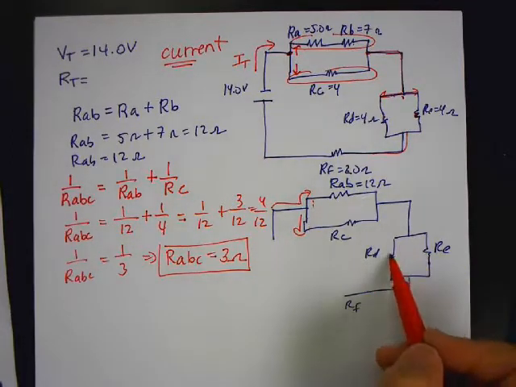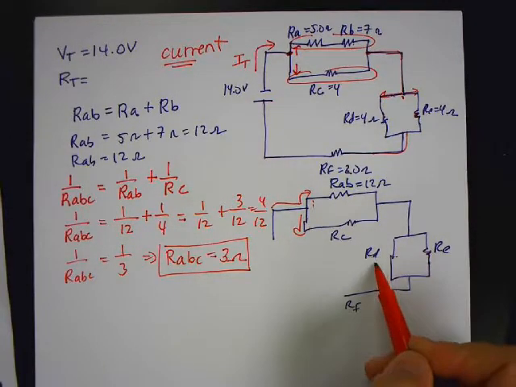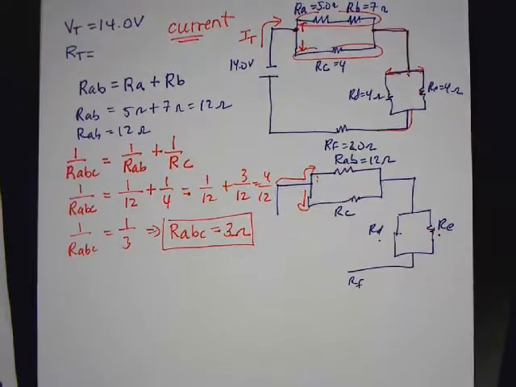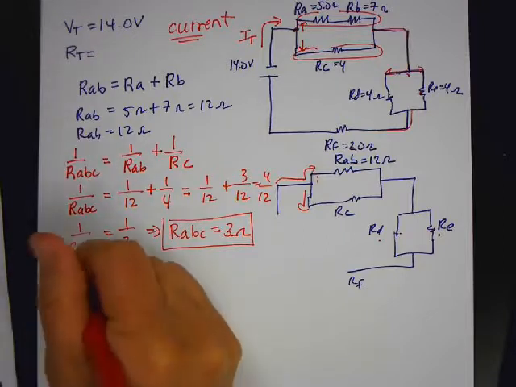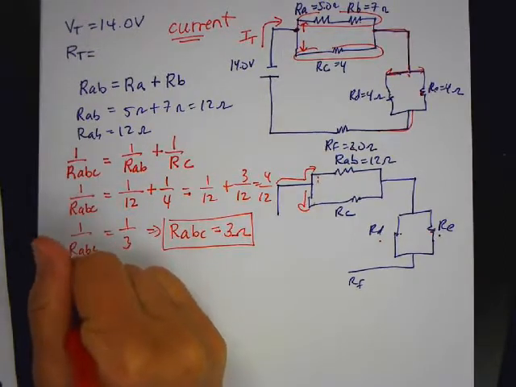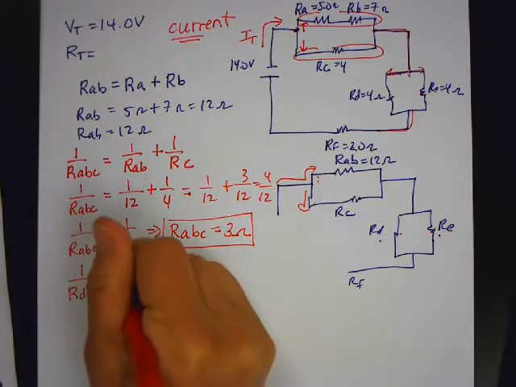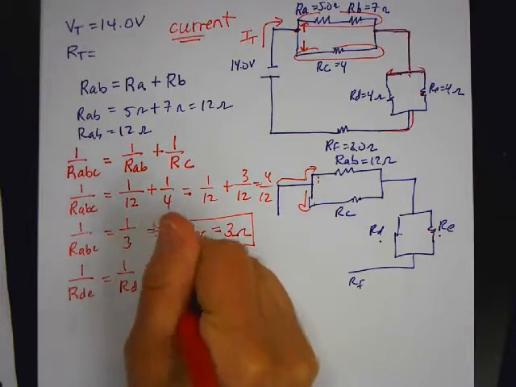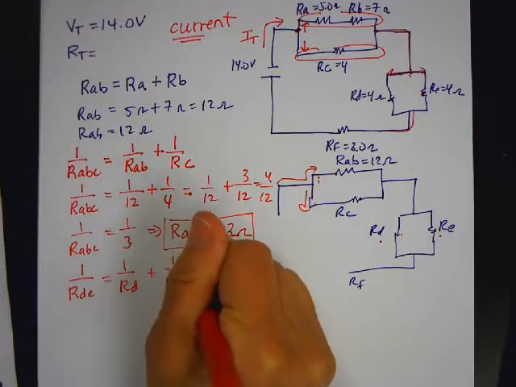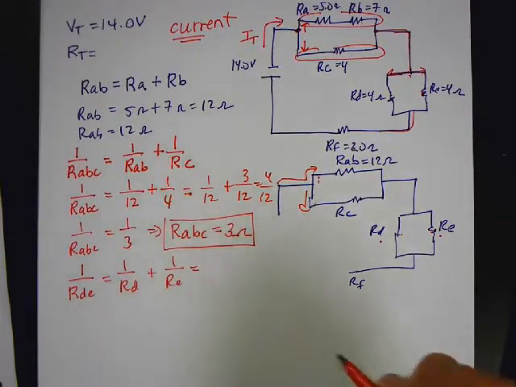While I'm doing this, I'm going to add these two because RD and RE are in parallel as well. So in parallel, I'm going to say 1 over RDE is 1 over RD plus 1 over RE. Are they the same? Oh yeah, they're both 4.